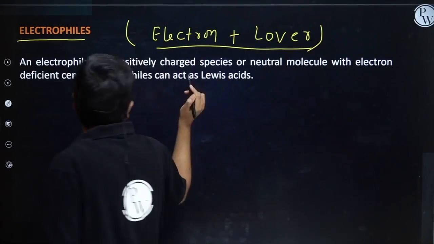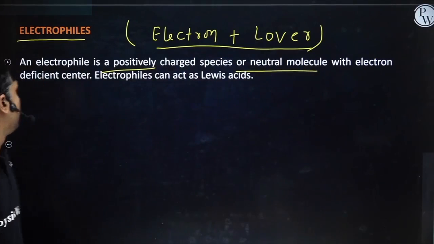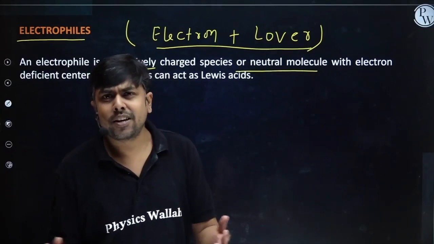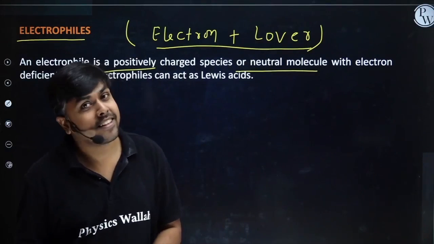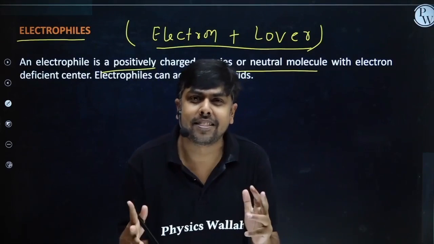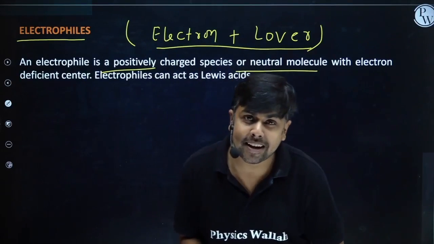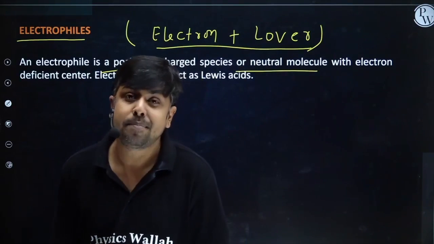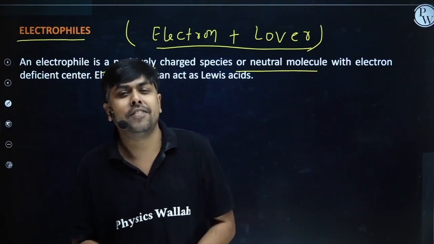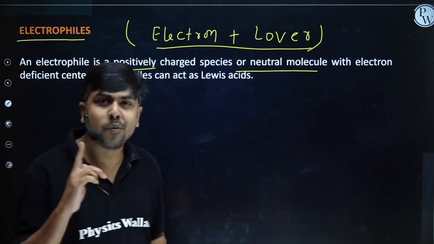So an electrophile is a positively charged species or neutral molecule with electron deficient center. And basically the electron deficient species are also referred to as Lewis acids. So students, electrophiles are nothing but electron deficient species. They may be a cationic species, at the same time they may be a neutral molecule also, but with deficiency of electron. We'll discuss the different types of electrophiles one by one.